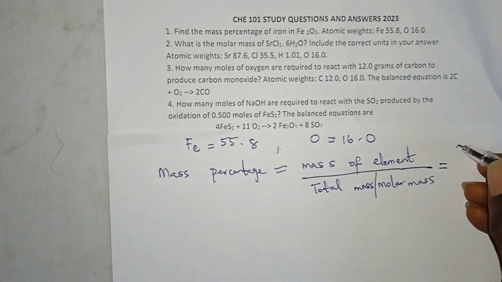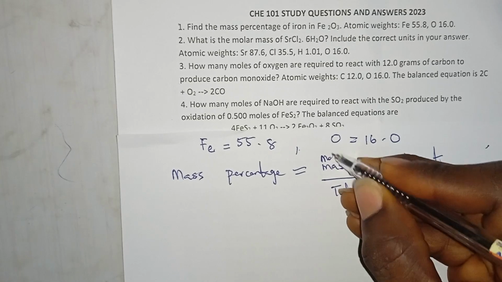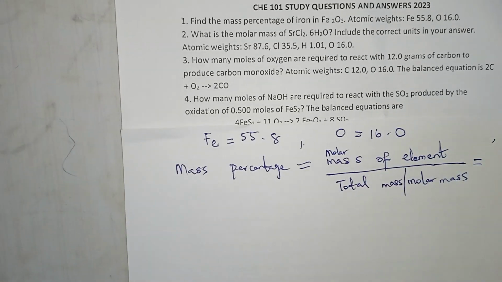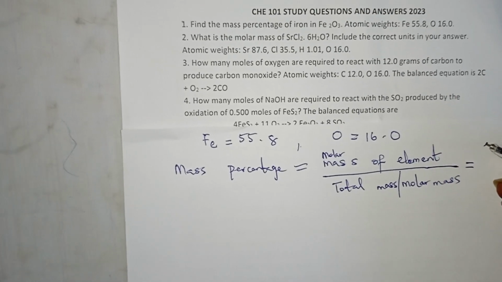So this will be iron there, that is molar mass of elements. So the molar mass, or atomic mass, of the element Fe is in two places.